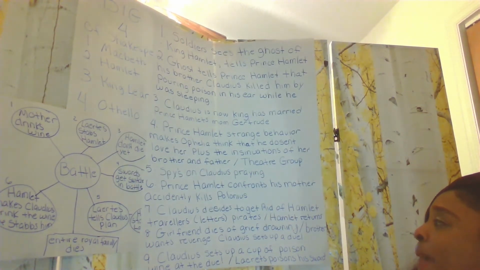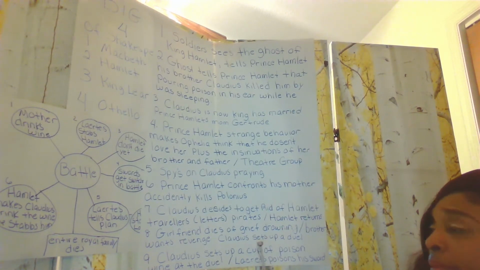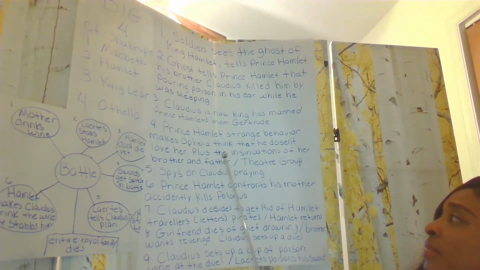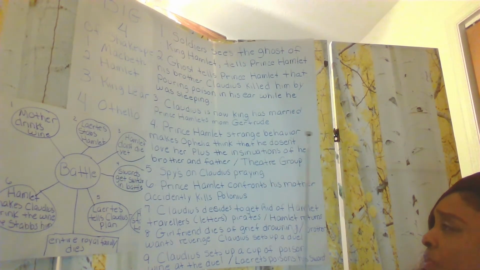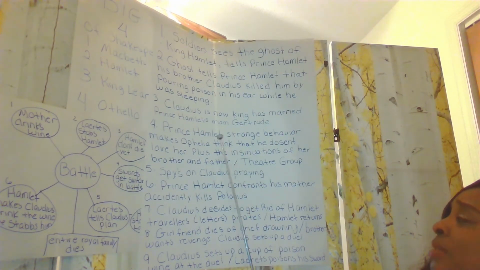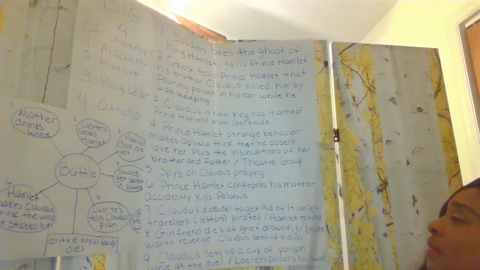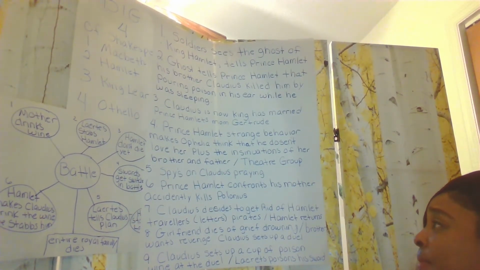When he returns to the kingdom, one thing that has happened is that his girlfriend, Ophelia, has died of grief, of drowning. Ophelia thinks that, because of Prince Hamlet's strange behavior that the ghost told him to portray, he does not love her.